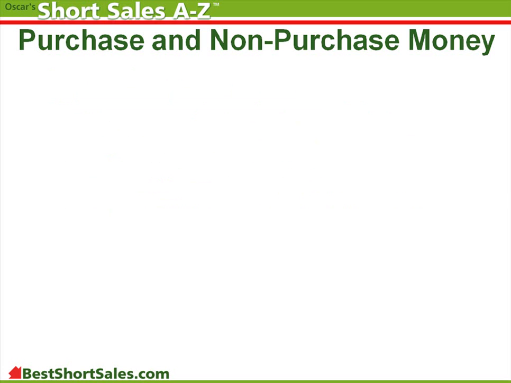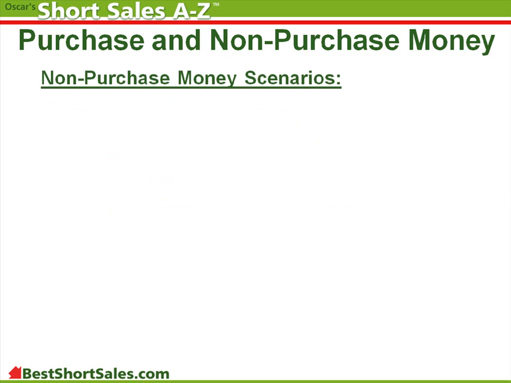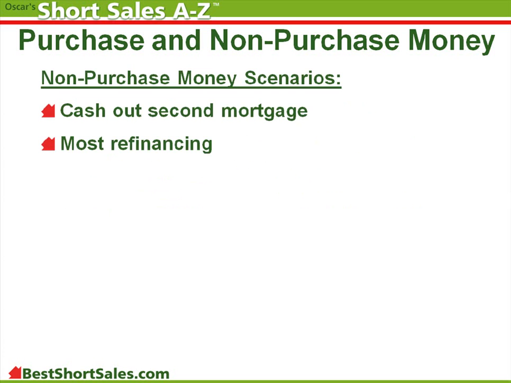Non-purchase money scenarios. Non-purchase money is anything that does not qualify as purchase money. Cash out second mortgage. The second mortgage that I took to pay off bills is non-purchase money. Most refinancing. If it does not lower the initial purchase money debt, it is typically non-purchase money.